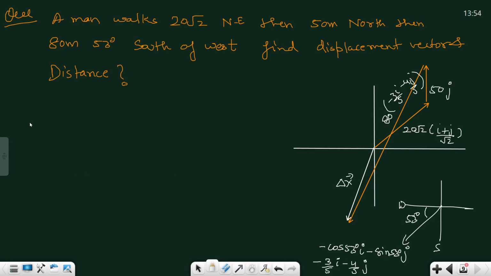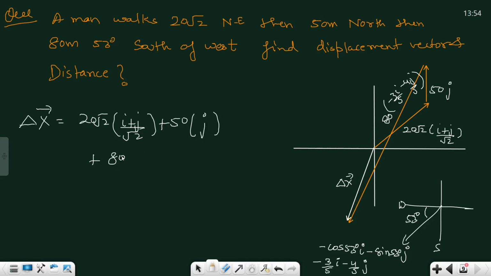So the displacement vector will be 20 root 2 (i plus j) by root 2, then 50 j only, then 80 times (minus 3i by 5 minus 4j by 5).